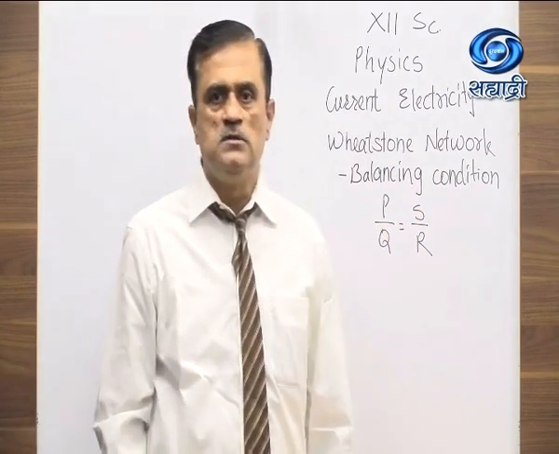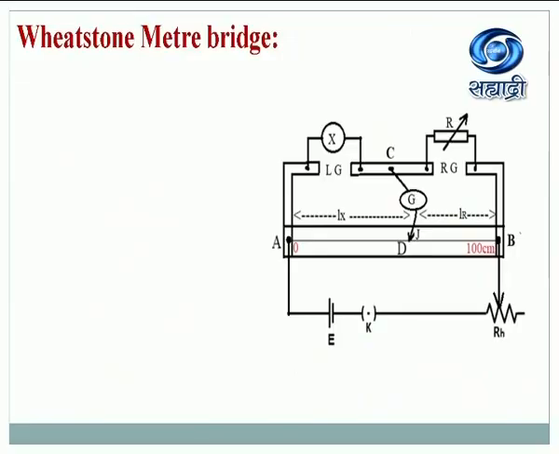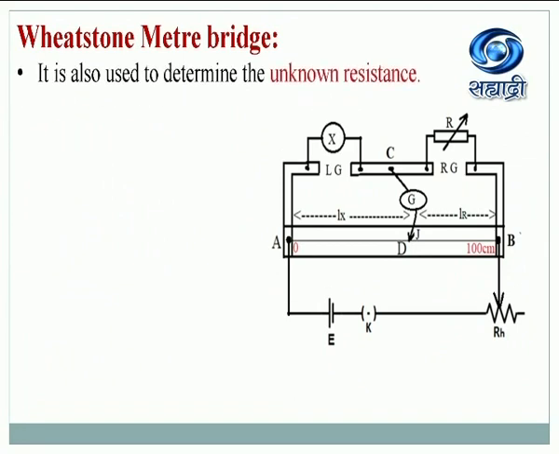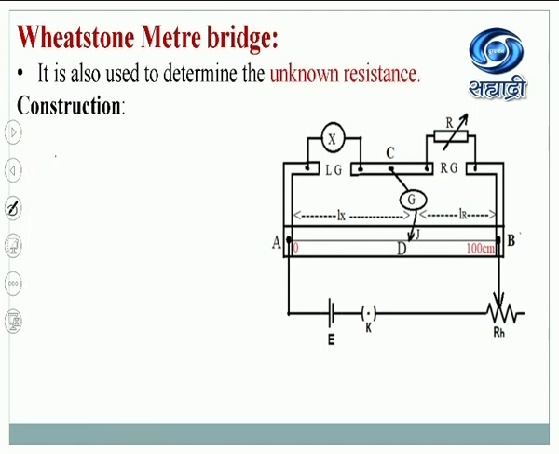We shall see now the next topic, that is the Wheatstone meter bridge. Wheatstone meter bridge is also used to determine the unknown resistance. Construction of the Wheatstone meter bridge.